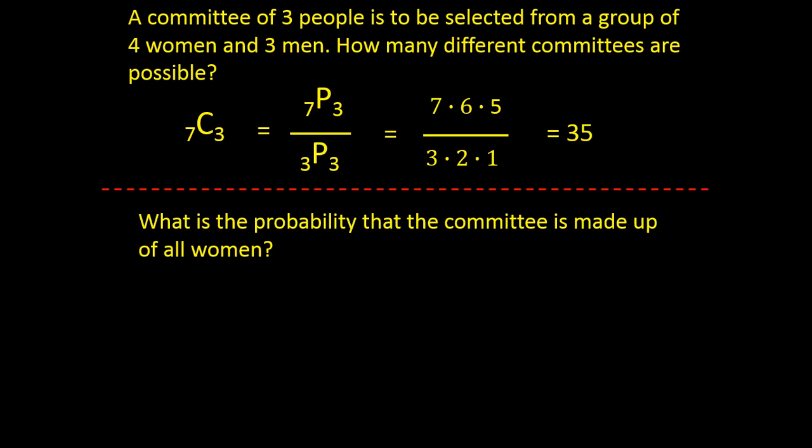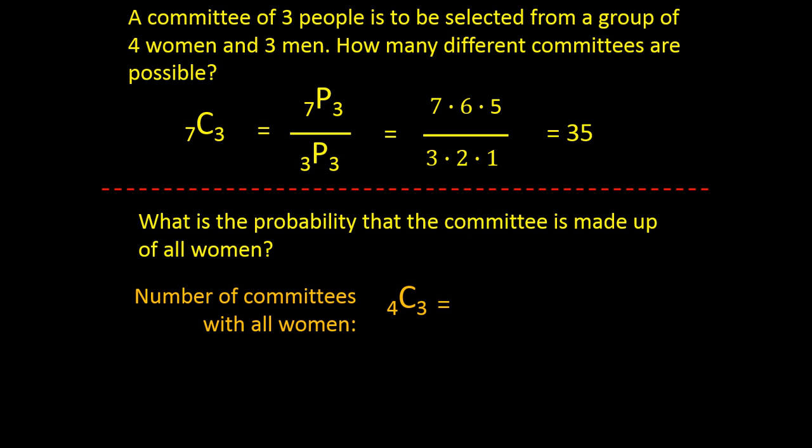So now we have to think about what we're doing to choose this committee with women on it. That means we would be choosing our 3 people for the committee out of only the women. So a combination of 4 choose 3 is a permutation of 4 choose 3 divided by a permutation of 3 choose 3, which is equal to 4 times 3 times 2 divided by 3 times 2 times 1, which is 4.